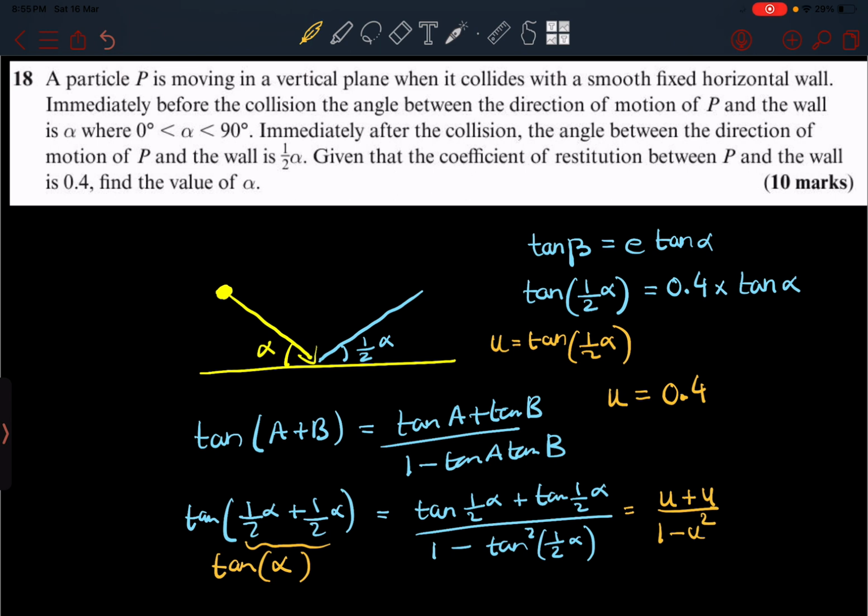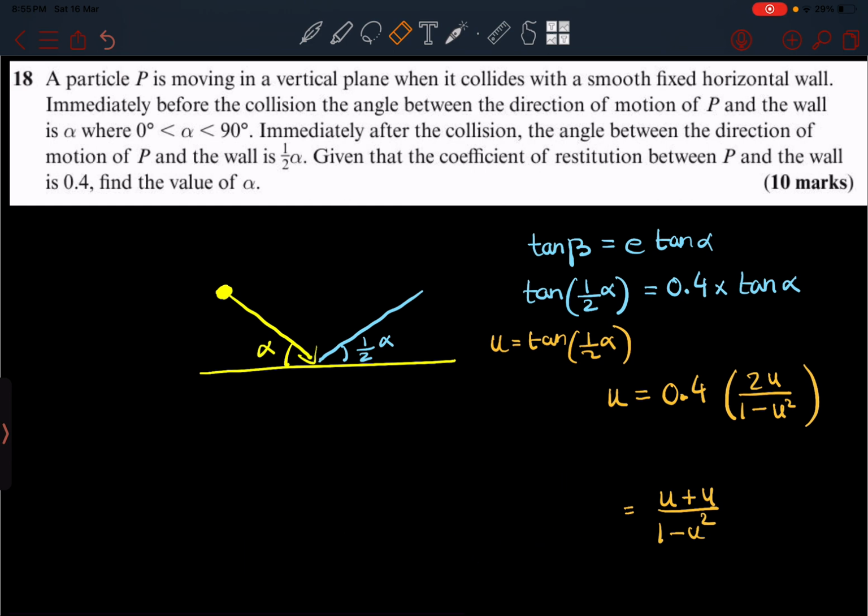So I can say this is 2u over 1 minus u squared. So all we have to do now is focus on that equation. So let's put these things aside, and then u is equal to 0.4 times 2u over 1 minus u squared.